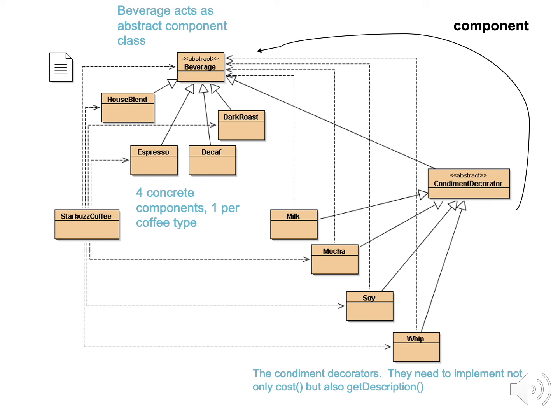You had to write so many classes, which certainly causes the explosion of subclasses. But by using the decorator design pattern, the number of subclasses we have to write is very small, and the decorator will use a runtime and dynamic approach to attach the condiment to the beverage. We will see in the code.